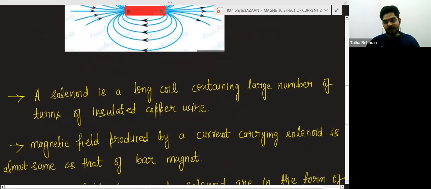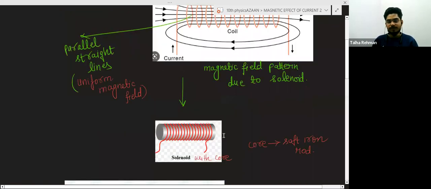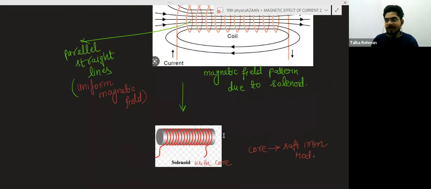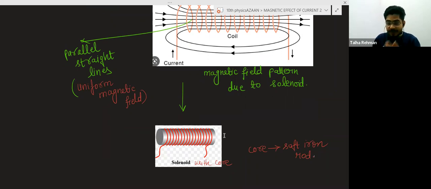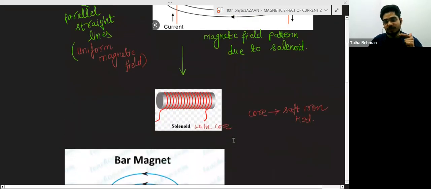We are using the soft iron core because the motive is to make the electromagnet in the solenoid. A solenoid is an electromagnet, and we are using a soft iron core in the electromagnet. What is the use of the electromagnet? To have temporary magnetism. So to get temporary magnetism, a soft iron core is used.